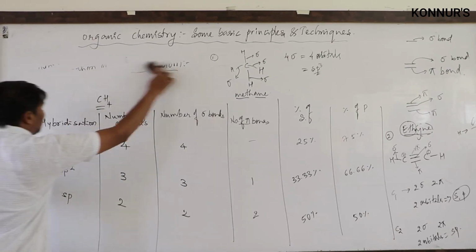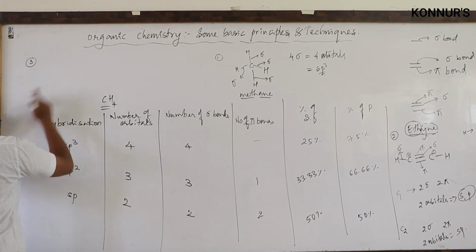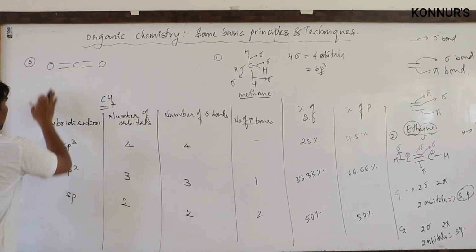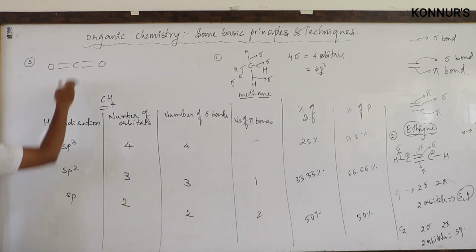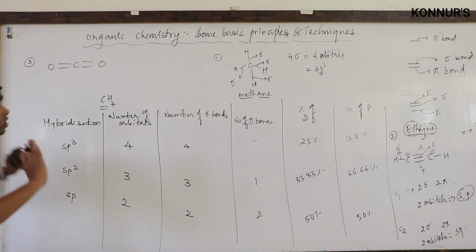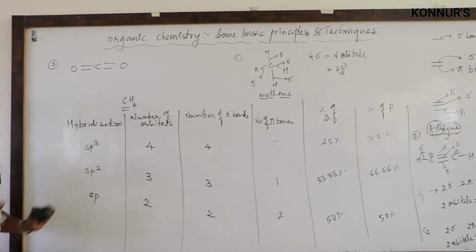This is about finding the hybridization of the carbon atom. Let us take one more example, the third example. What if it contains a double bond? Many students will say, since it's a double bond, it's sp2 hybridized.